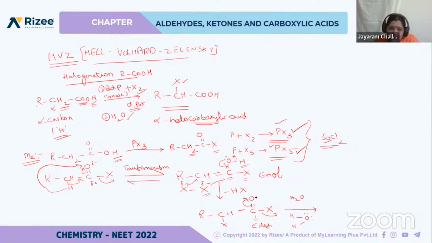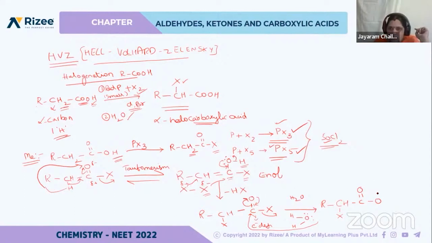Again, to balance the positive charge, this oxygen throws back its electrons, and this oxygen forms a bond with this carbon to satisfy the positive charge. So RCHX, C double bond O as it is. First it attracts towards it and then it gives back to satisfy the positive charge.